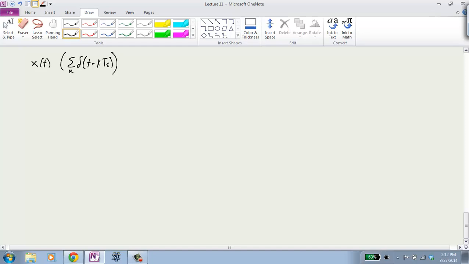The Fourier transform of this product will be easier to think about. It's going to be X of f convolved with the Fourier transform of the delta train, which has an fs. I'll bring the fs out front by linearity: f minus k fs.